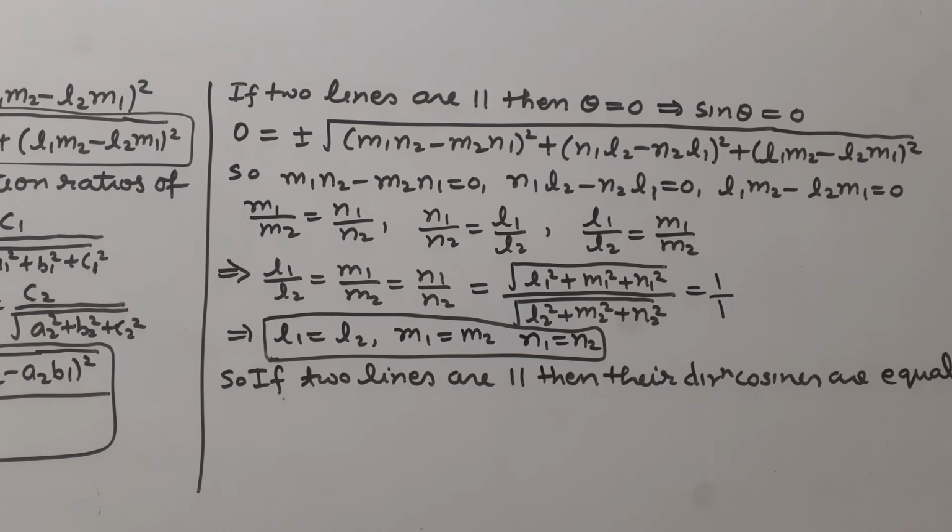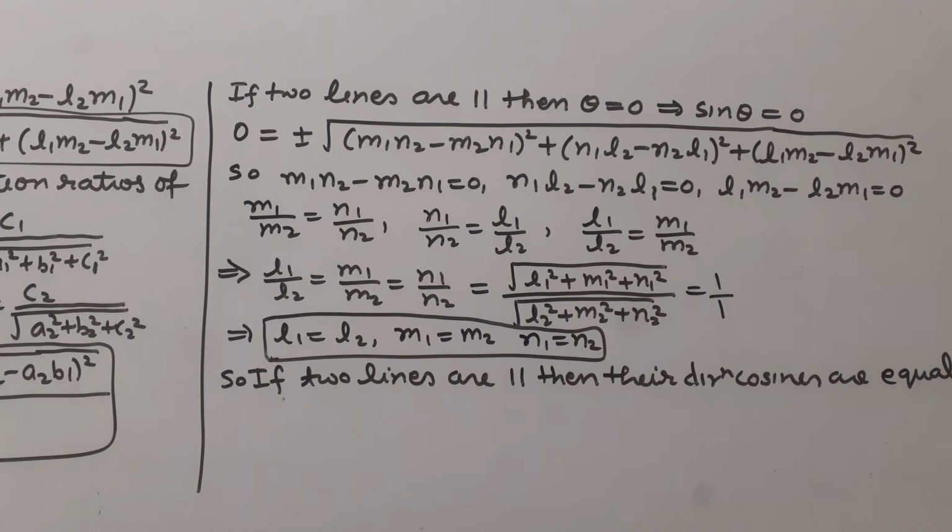So this is the condition for parallelism of two straight lines. If two straight lines are parallel, then their direction cosines are equal. That means if the direction cosines of two lines are equal, the lines are parallel.